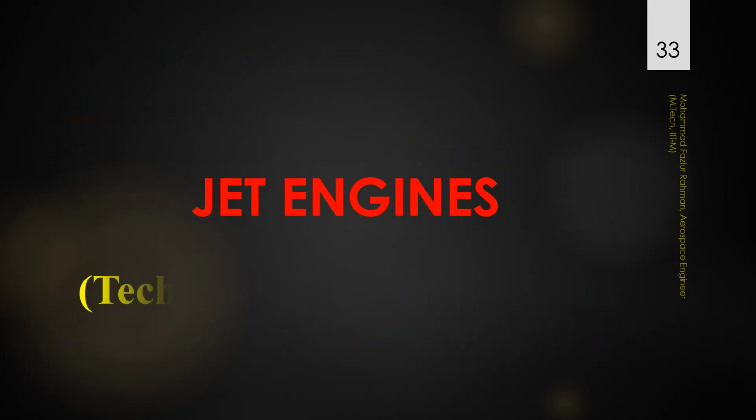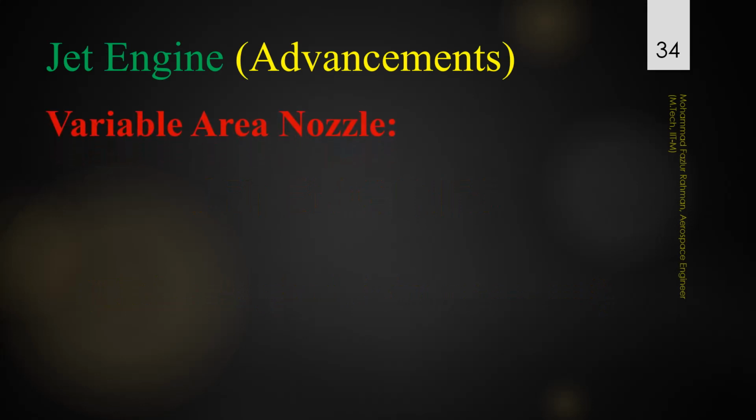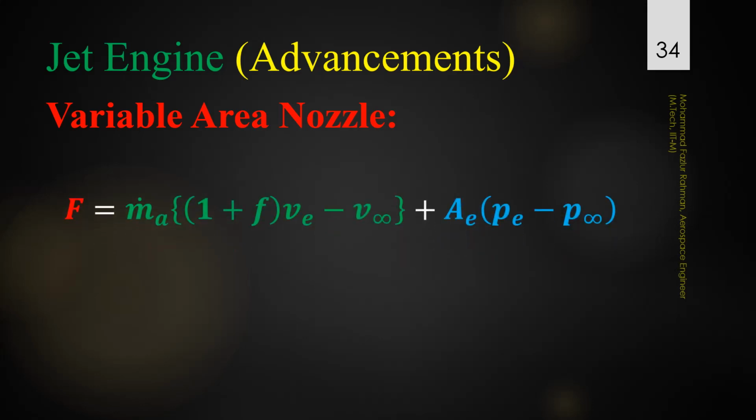Now let us look into the jet engine technological advancements we have seen in the past. The first advancement we would like to mention here is the variable area nozzle. To understand this advancement, let me give a small idea about the thrust generation equation. This is the equation which can be derived using the momentum change inside the engine.